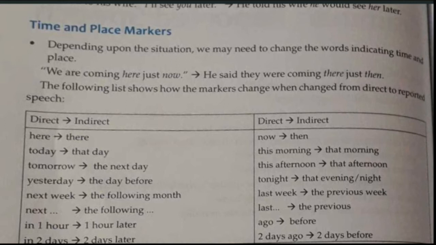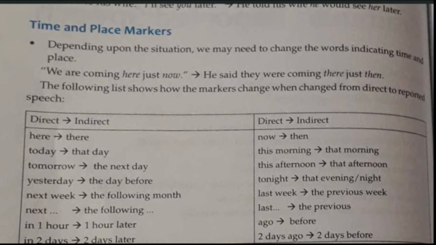Note that sometimes the perspective may not change. For instance, if we report a conversation on the same day or at the same place where it originally occurred, then we retain the time and place markers used in the direct speech. Now I'm going to tell you an example.